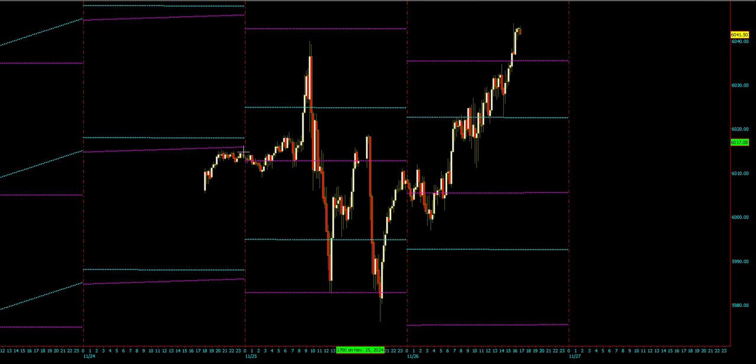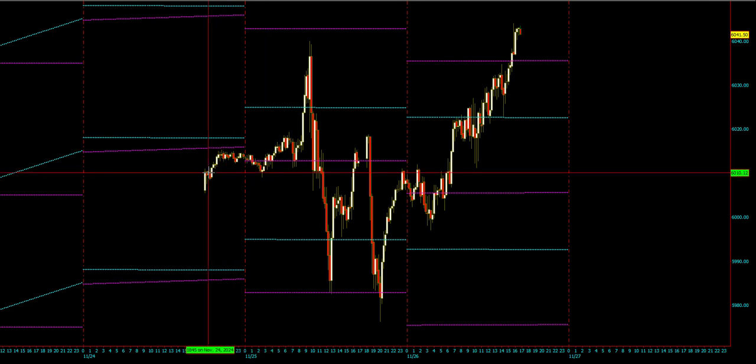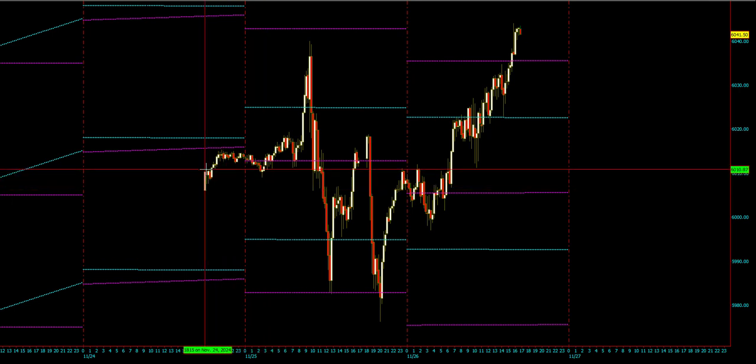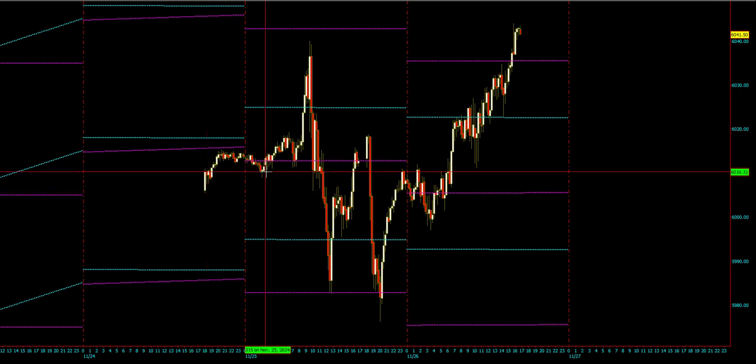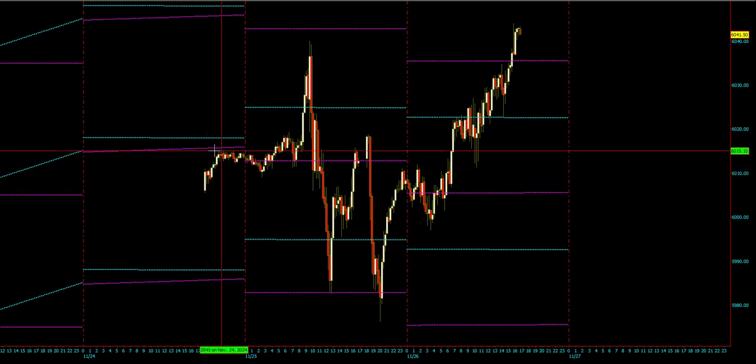So this is our sideways action. If you see it on 1 minute or 2 minutes or 15 minutes, it is sideways action because the market opened here, went up, came back to retest the opening bar, and broke out from this high.